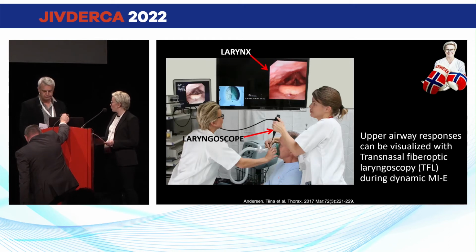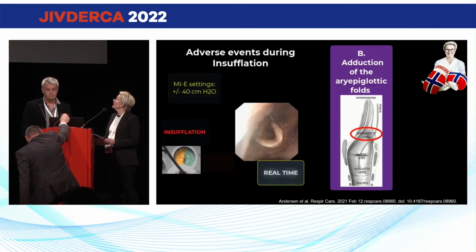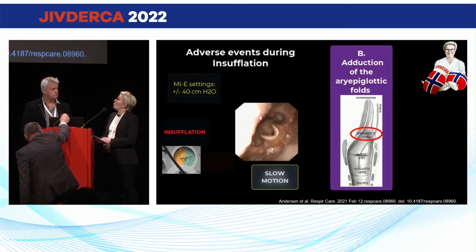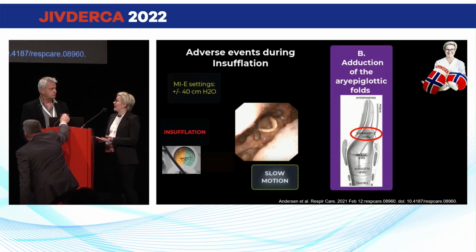In 2013, we introduced a method that was feasible to visualize upper airways during dynamic MIE use. We used this technique, transnasal fiber optic laryngoscopy, and we saw clearly what the problem was with these bulbar ALS patients.